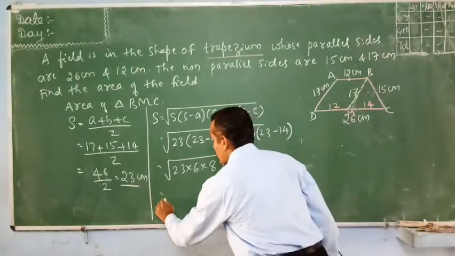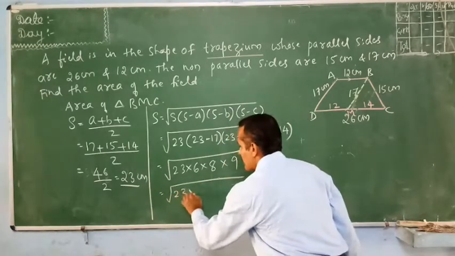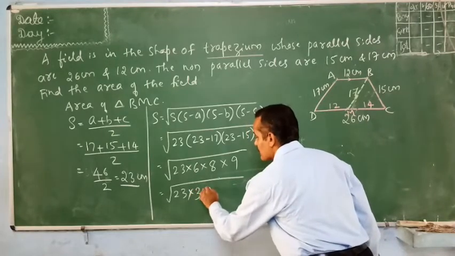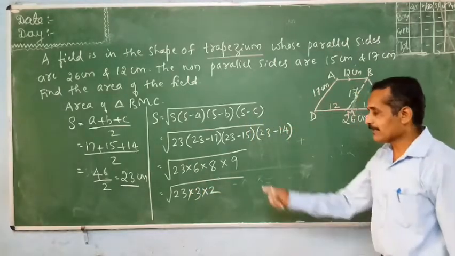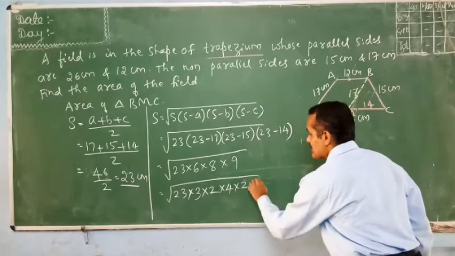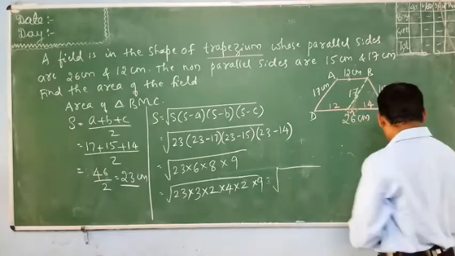Okay, I can see what things I am getting outside. 23 is a prime number. I will make 8 as 3 twos, and 6 as 2 into 3. What is the advantage? I will tell you. This I will write as 4 twos, and 9.